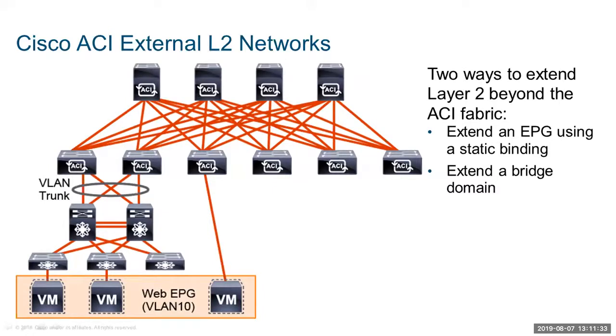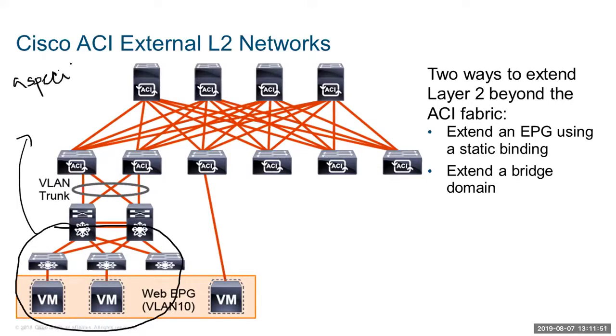So if you have these devices, a lot of devices past your layer 2 connection, a lot of devices here, and you want to control a specific contract, or as they say, a specific policy.